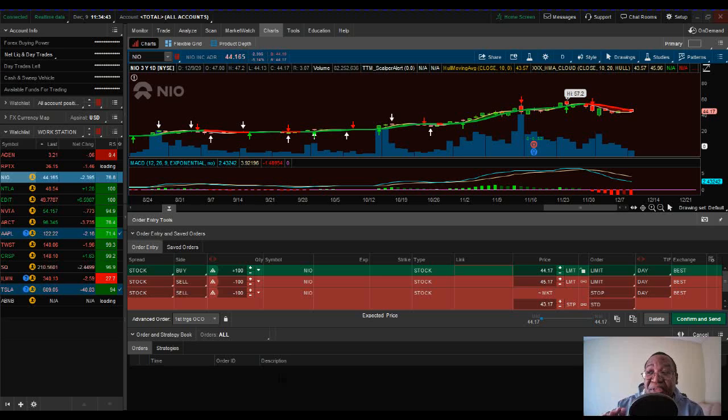Now there are pluses and minuses to using an OCO bracket. A plus is that you are definitely managing your risks, and managing your risks is the most important thing, I would say, when it comes to investing in the stock market.